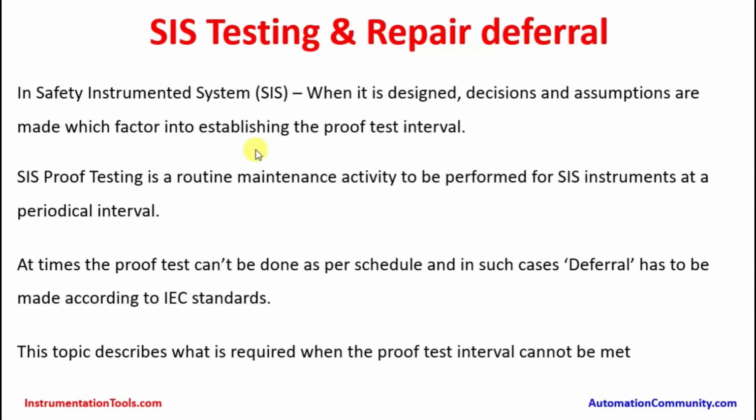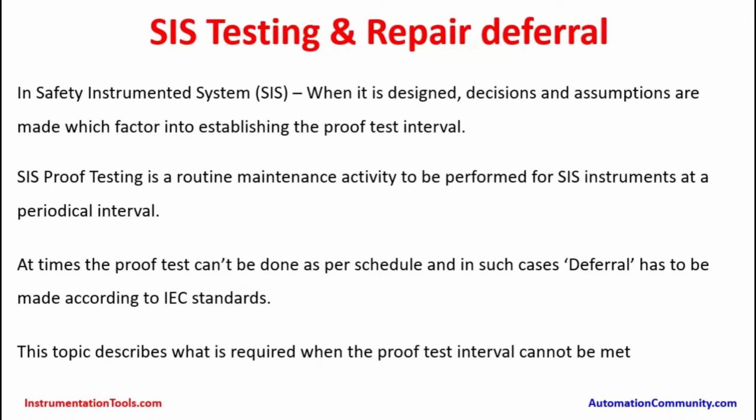In a Safety Instrumented System, when it is designed, decisions and assumptions are made which factor into establishing the proof test interval. SIS proof testing is a routine maintenance activity to be performed for SIS instruments at a periodic interval, like the routine maintenance for other normal instrumentation and many electrical and mechanical devices in the plant.